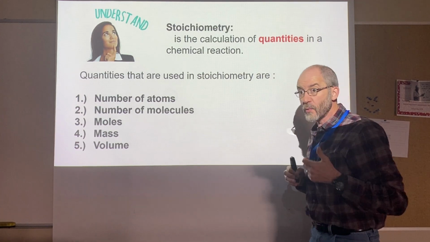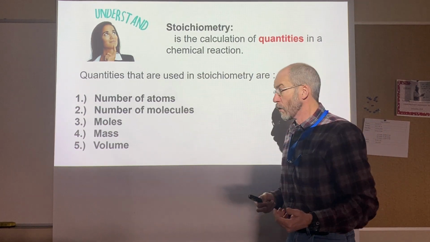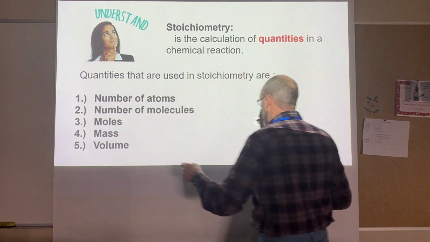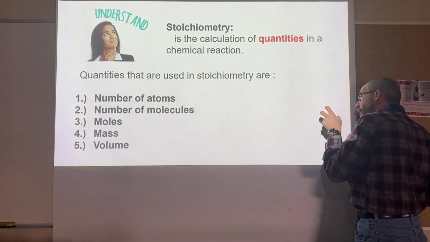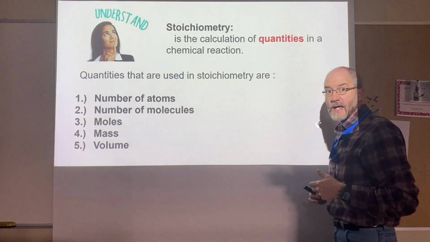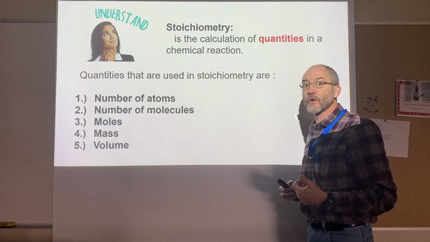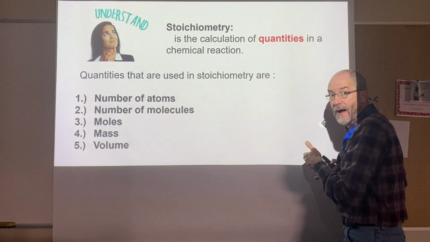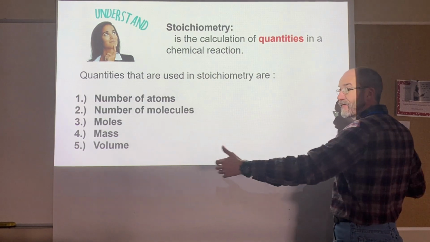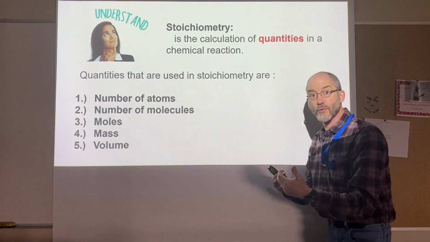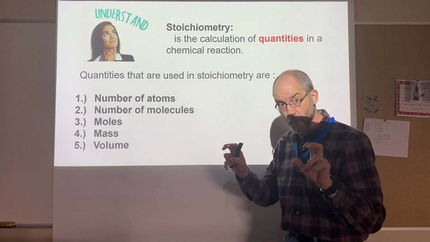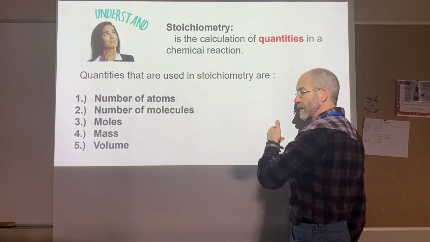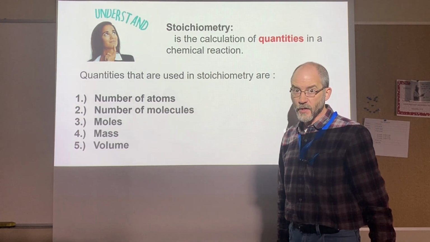Okay, so what do we do in stoichiometry? Well, we identify what we're given, but ultimately we know what we want to find. And the items that are going to help us put together these fractions, to help us do this math, okay, that information, those relationships or those ratios are going to come from the balanced chemical equation.